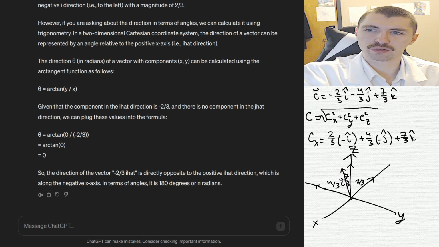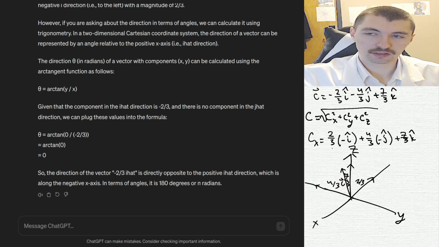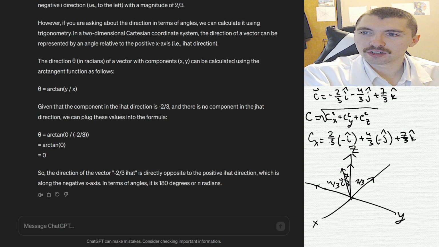So how do we find that? First, we need to find the magnitude.